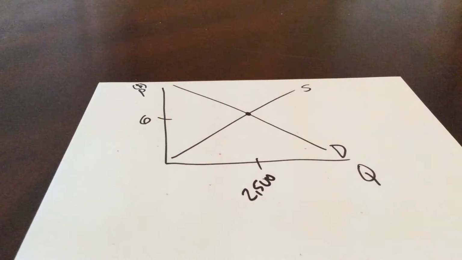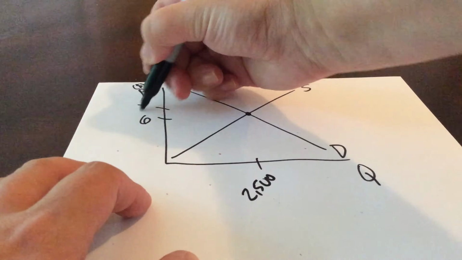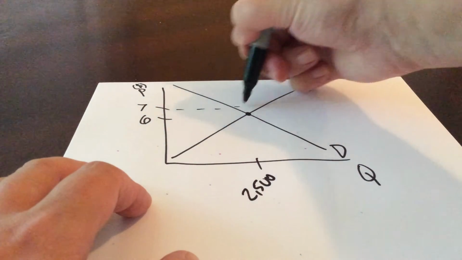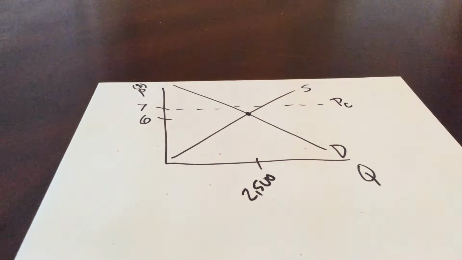Okay, so this question is saying, well, what would happen if a price ceiling is set higher than 6 at, let's say, 7? So if this was the price ceiling. Recall from the material in this chapter that a price ceiling is a maximum allowed price.